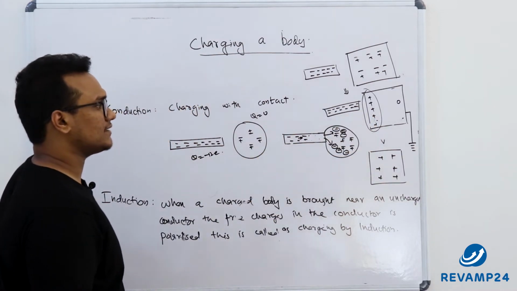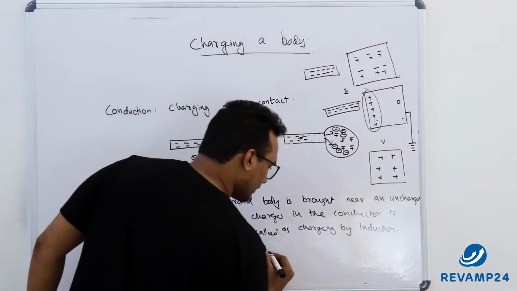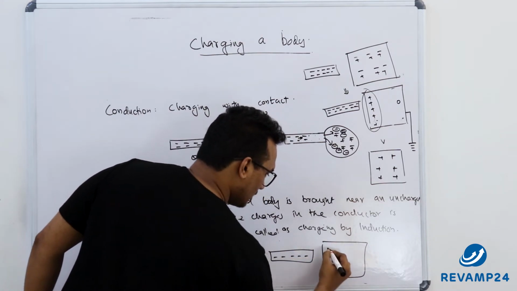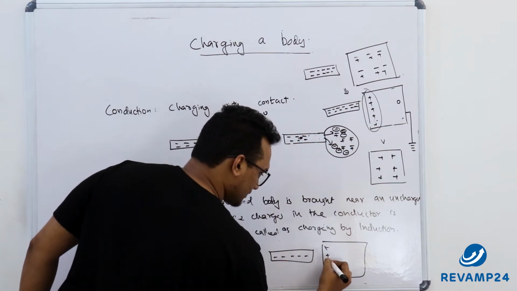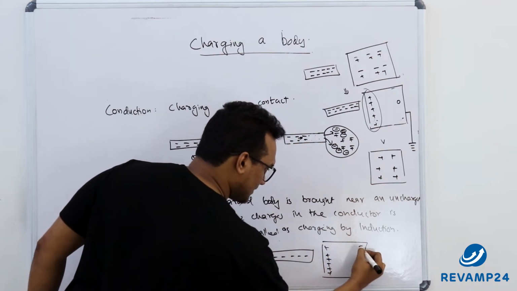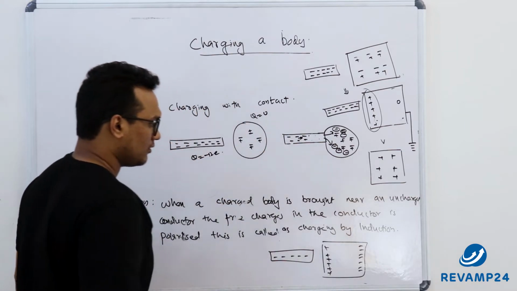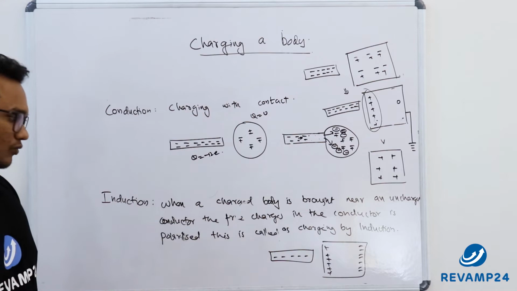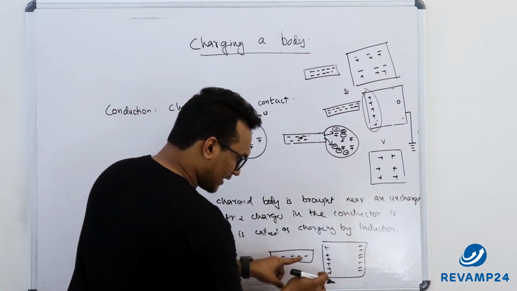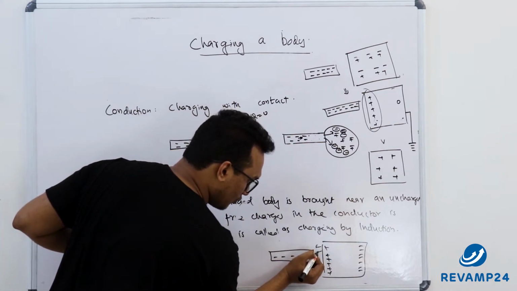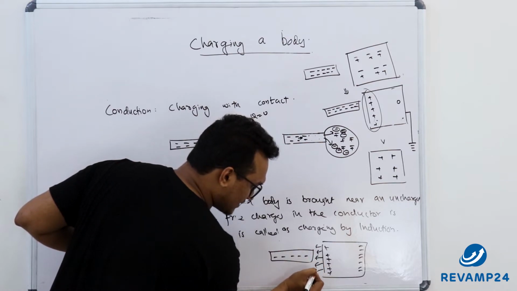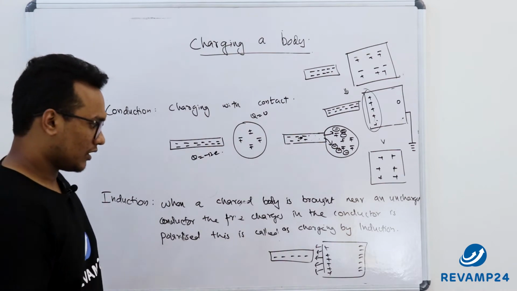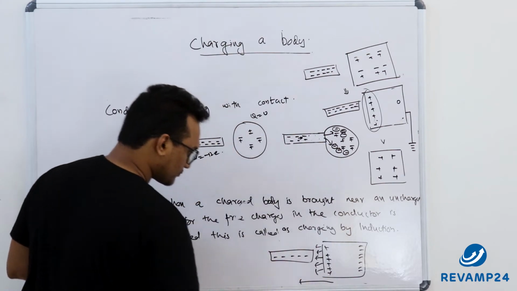Now, one more interesting thing from this: when we bring a charged body near an uncharged body, polarization will occur. All positive will come, 6 positive here and 6 negative here. Will there be a force between these two? Yes. Why? These 6 charges are attracting the positive charges towards it. As the distance is less, the force will be more, so it is a higher attractive force.